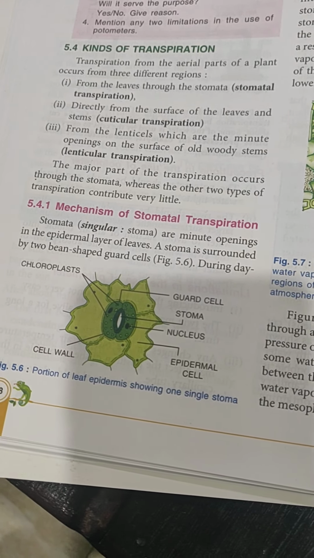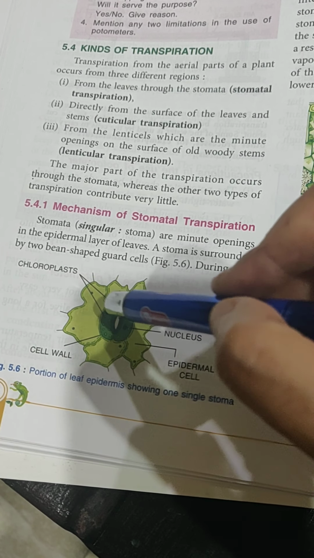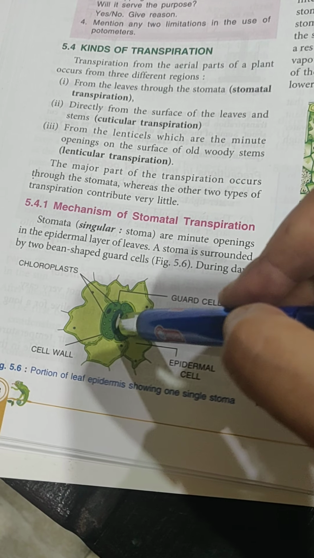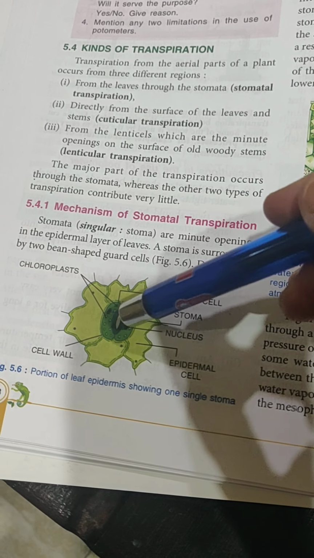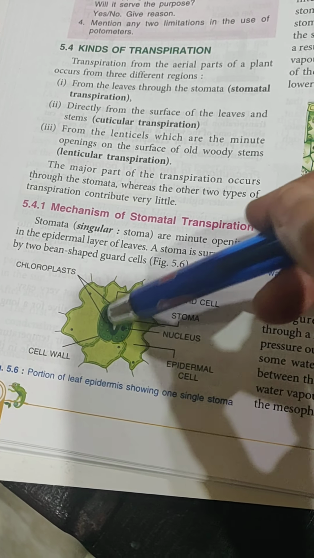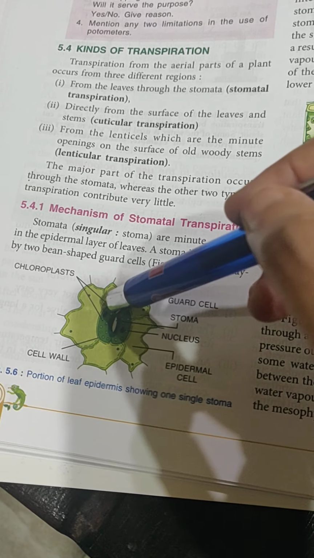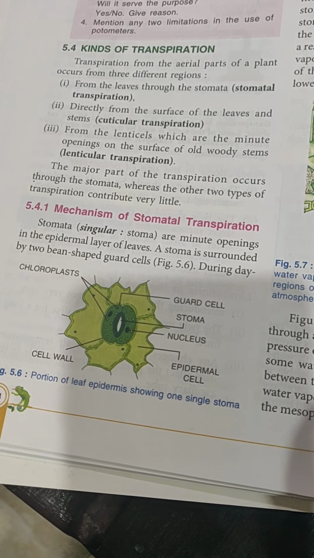Stoma is singular for stomata. And the kidney bean shaped cells that you see just guarding this zone, guarding the stoma, these two cells are known as guard cells.